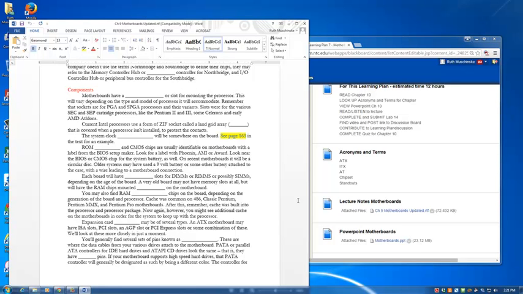Cache was common on 486, Classic Pentium, Pentium MMX, and Pentium Pro motherboards. After this, remember, cache was built into the processor and the processor package. Now again, however, you might see additional cache on the motherboards in order for the system to keep up with the processor.